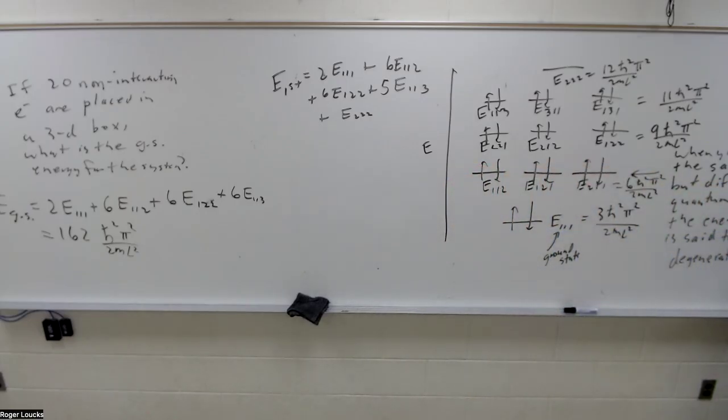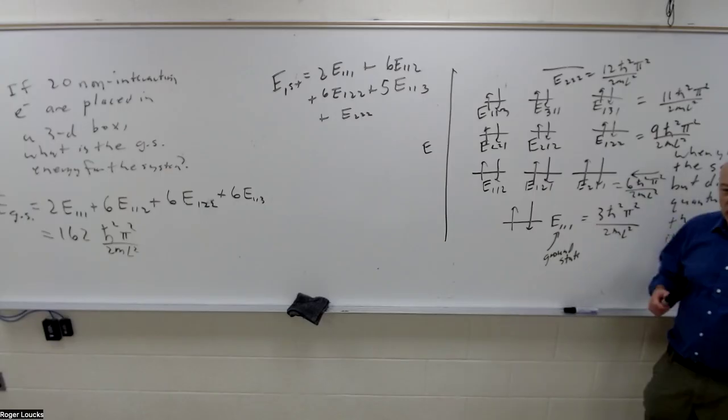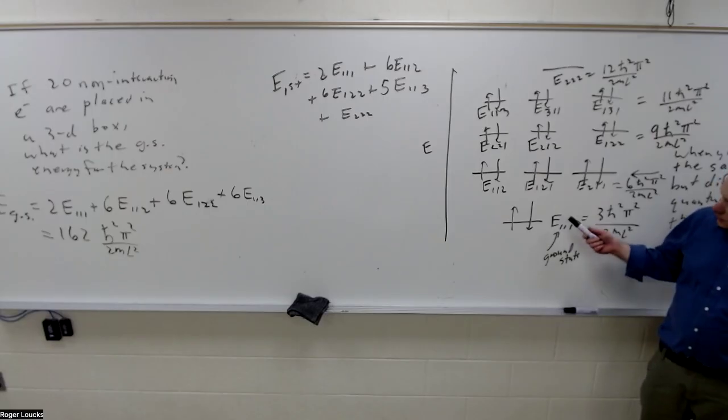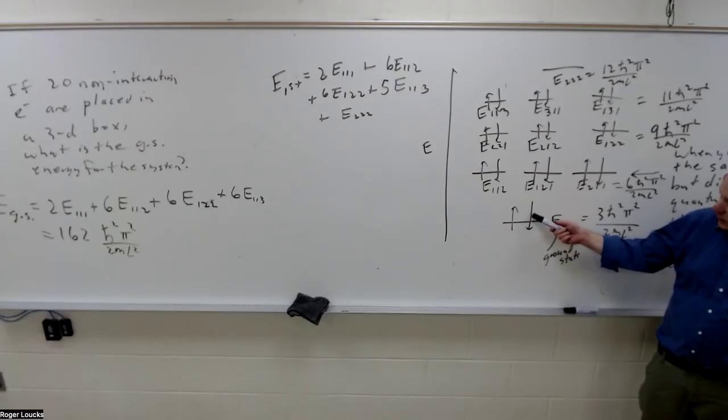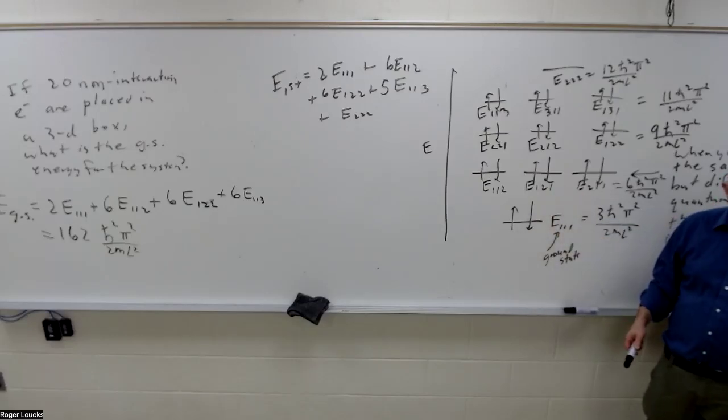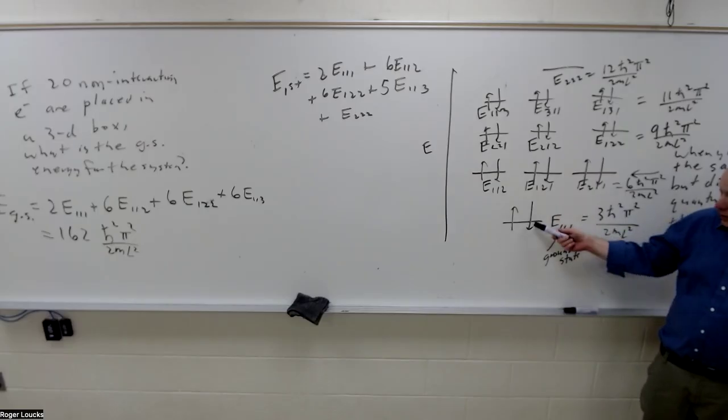Now, what I want to do is, one other thing, to give you a little hint of why you can start treating these as kind of non-interacting. Let's say this electron here and this electron here collide with each other. What would happen? Nothing, right? Because the Pauli exclusion principle will prevent these from doing anything.